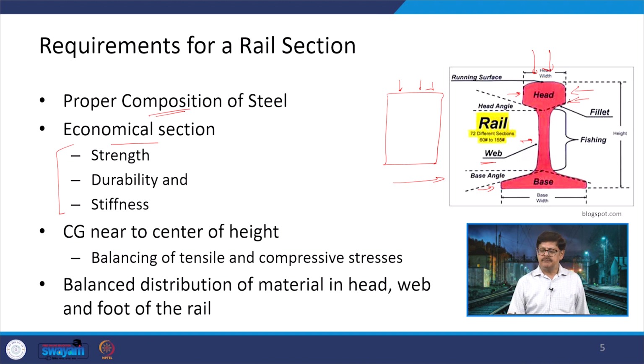So, the stability has to be there; the lateral stability comes by way of the design of the web, and at the same time the wear and tear and the lateral and vertical forces are taken care of by the amount of metal placed in the head.